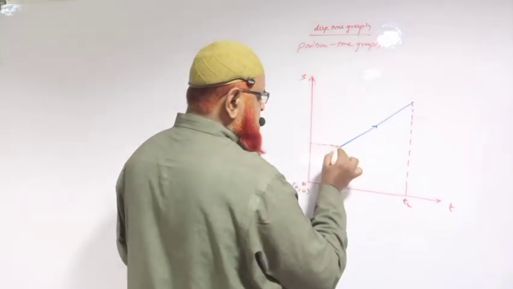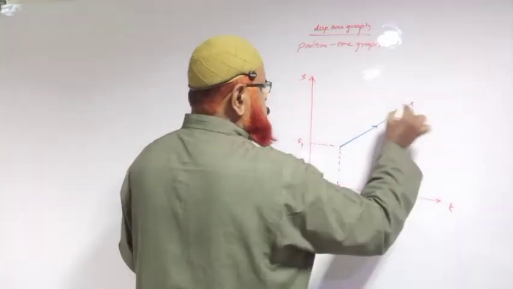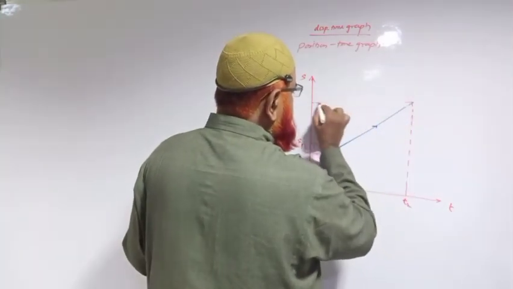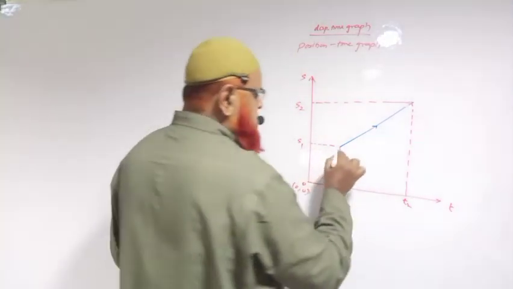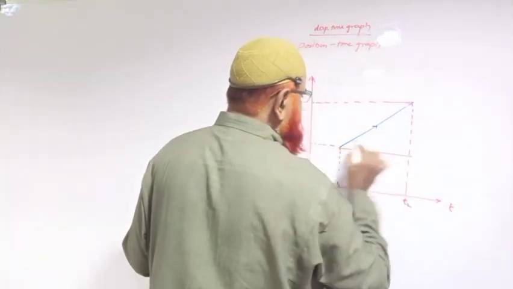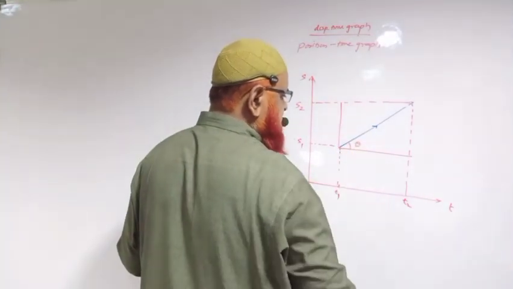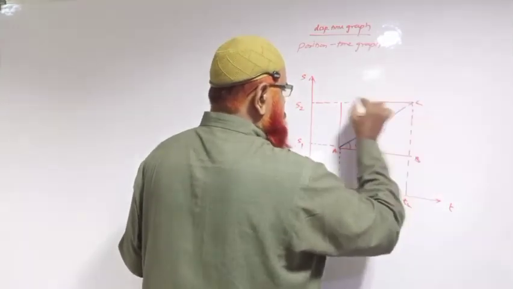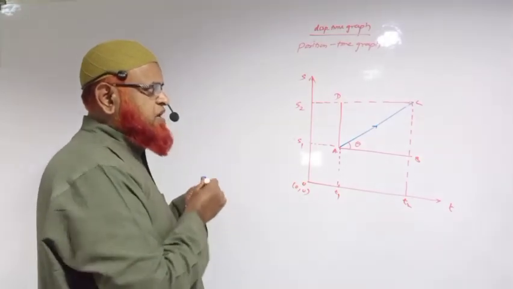Now if you observe, this is taken as position, displacement s1, and this is taken as position s2. Now if I draw a line here and a line here also, this is taken as angle theta. Just take it as A, B, C and D.